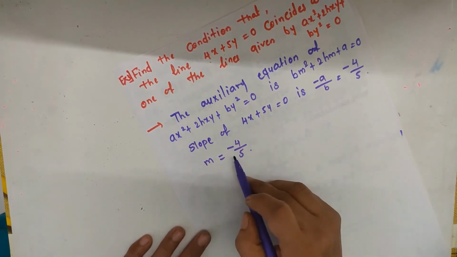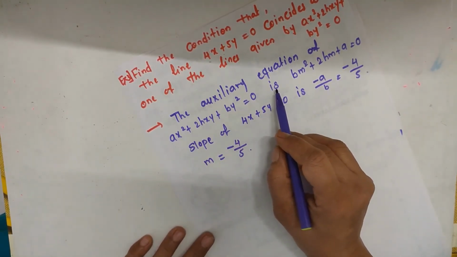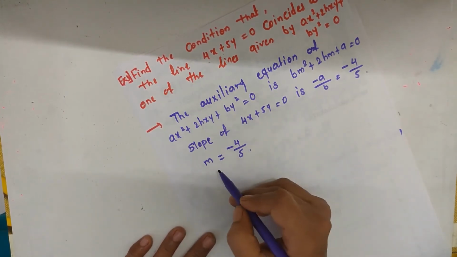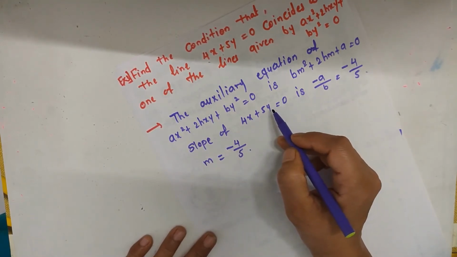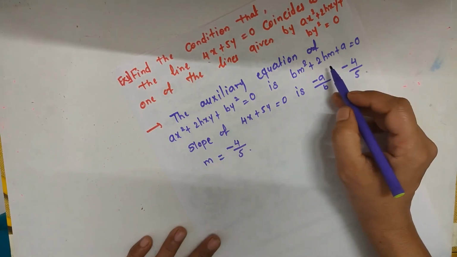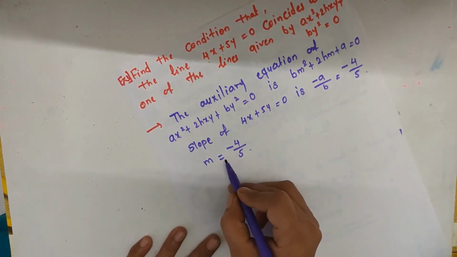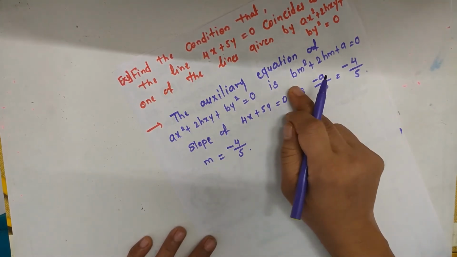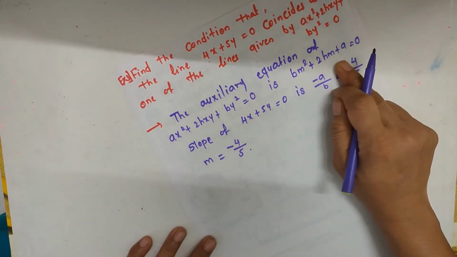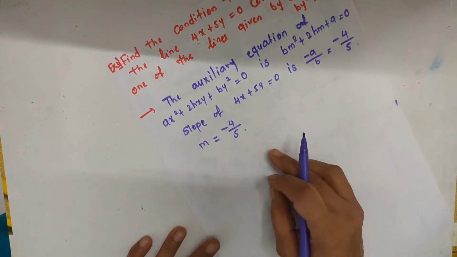Here the slope is a root of the given auxiliary equation. We consider the value of the slope of the line as a root of the given auxiliary equation. So m is equal to minus 4 by 5 is a root of the auxiliary equation bm square plus 2hm plus a is equal to 0.